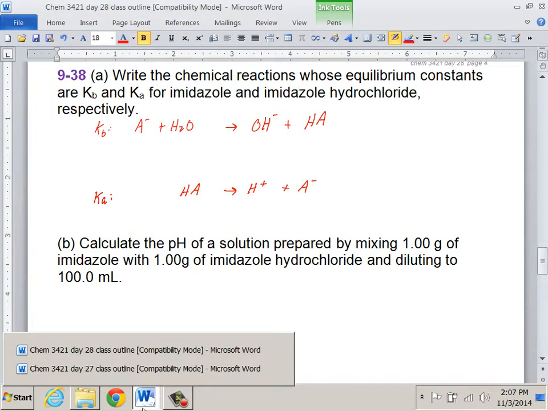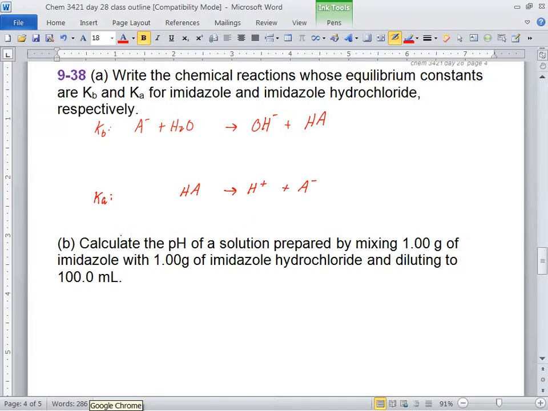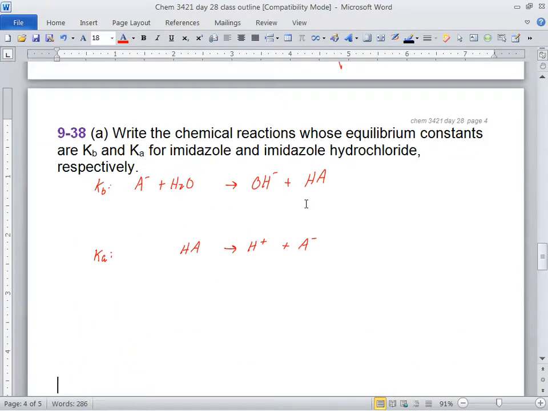Do you even need to look at the table for this one? Because you can see that the imidazole has an H plus on the end, and that's why the Cl is sticking to it in the first place. There you go, he's getting the hang of this.